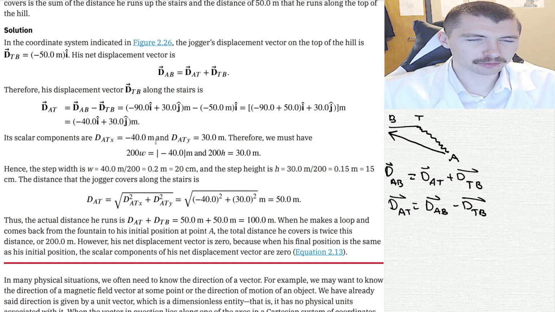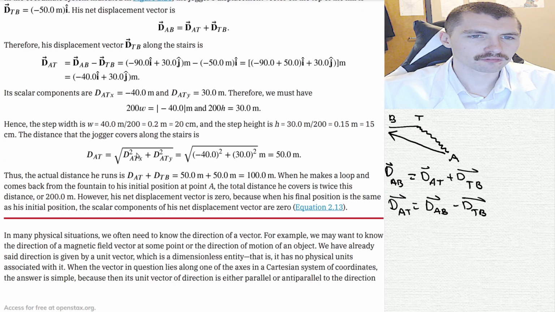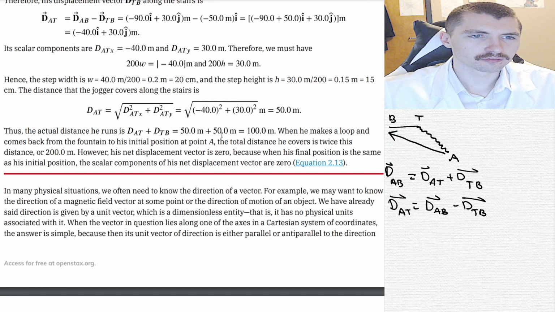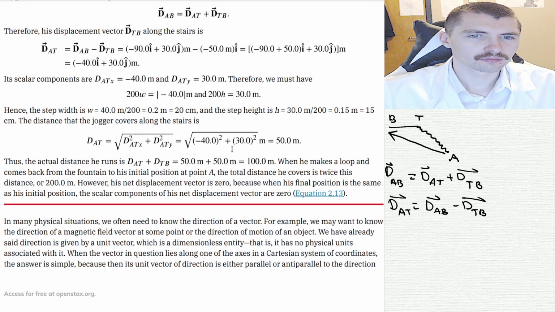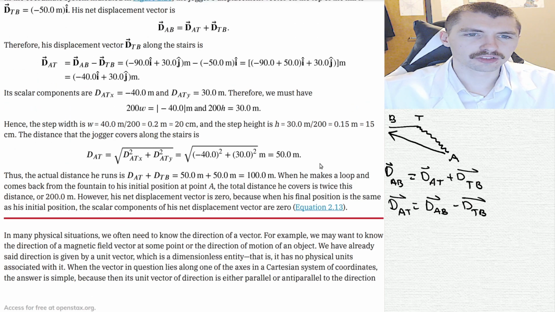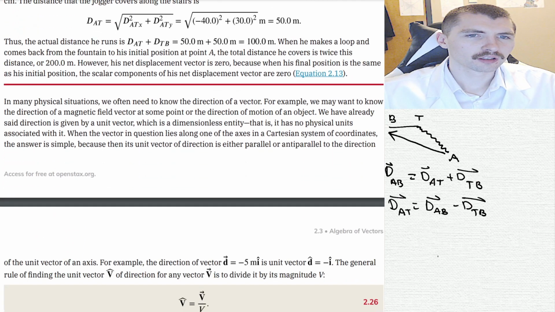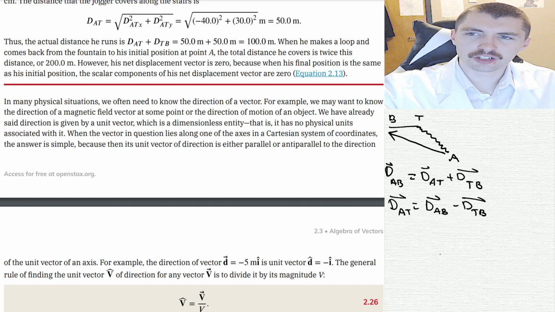Scalar components are 40 and 30, actual distance is 100. Alright, so that's kind of a tough problem, I would say.